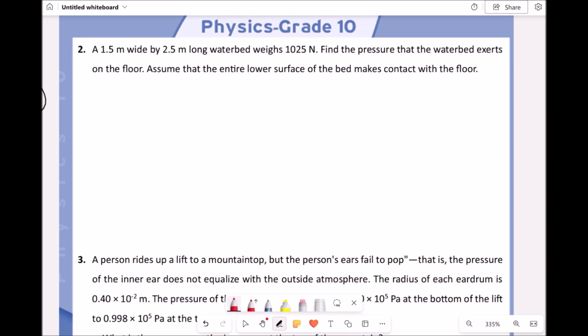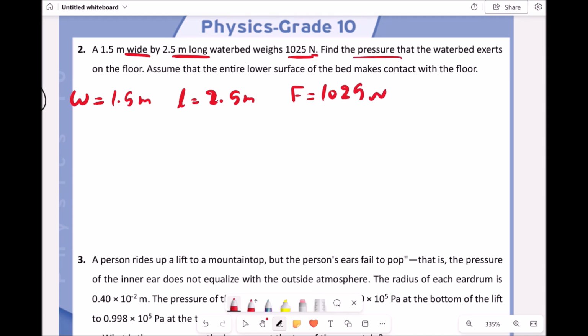Now you have width W, which is equal to 1.5 meter. You have length, which is equal to 2.5 meter, and you have the force. Even if you don't know it's force, you know that it has the unit of Newton, so it's force, which is equal to 1025 Newton.